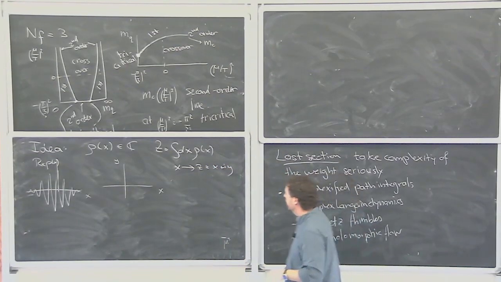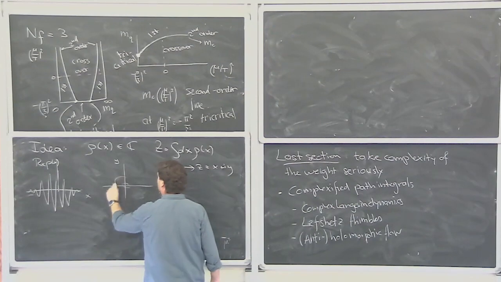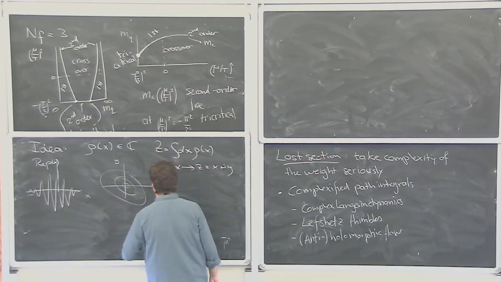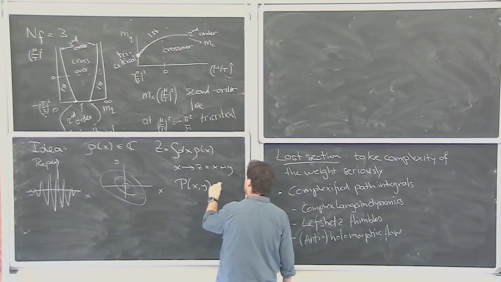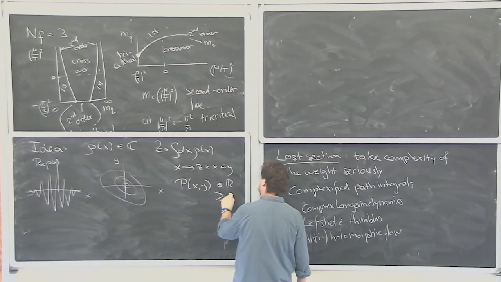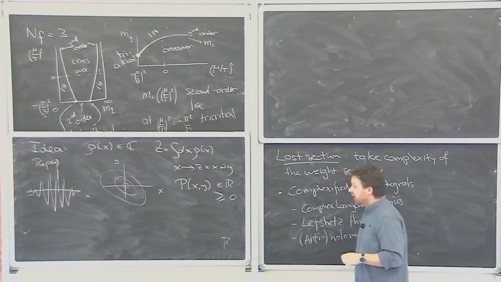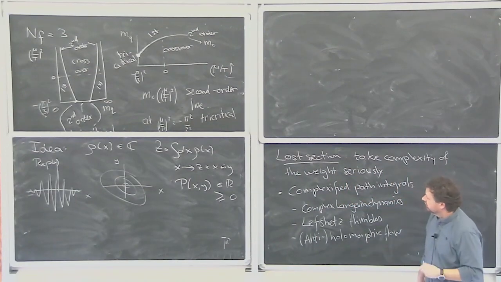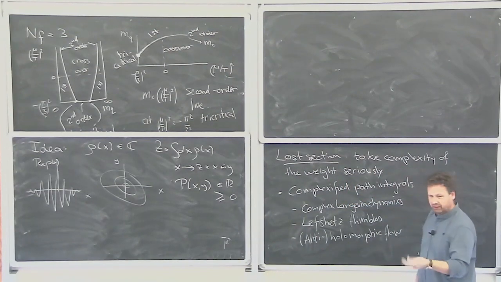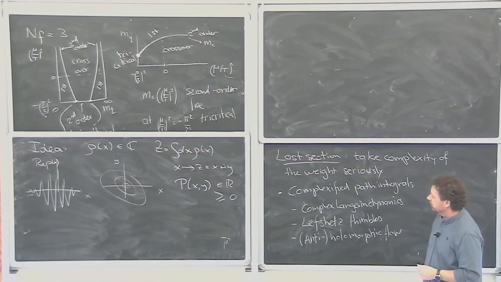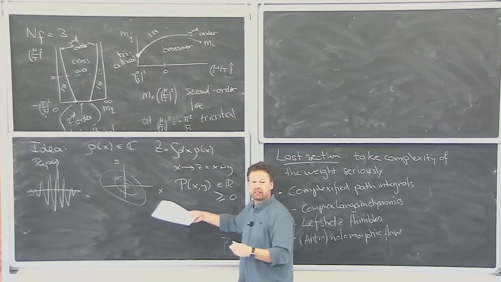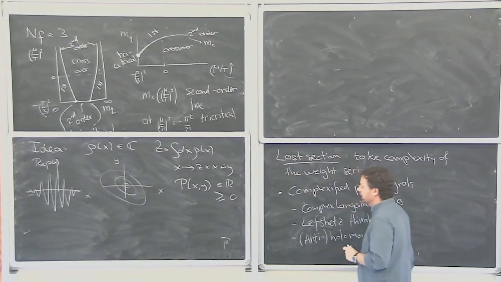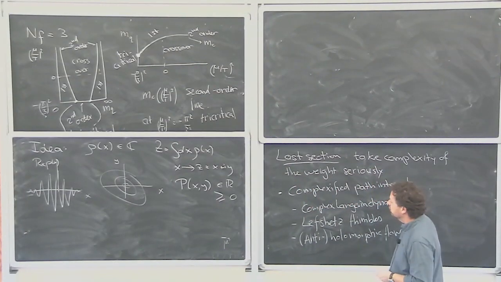And maybe, lo and behold, in the complex plane there is some nice probability distribution P(x,y) which is real and positive. If I allow the theory to go into the complex plane, I have a perfectly well-defined integral which I can solve with, say, numerical integration.